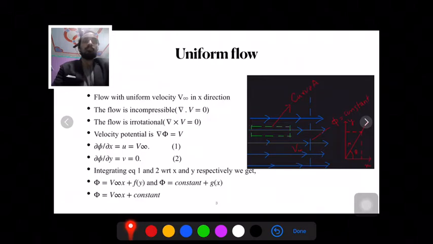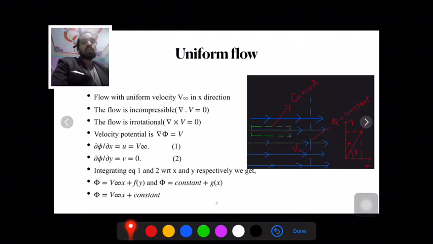That means the flow is incompressible as well as it is irrotational, which basically means that del dot V is equal to 0 in case of incompressible, since your rho is constant. Okay, now in this we are going to talk about two important parameters, that is your velocity potential, which is a scalar quantity, and your stream function.